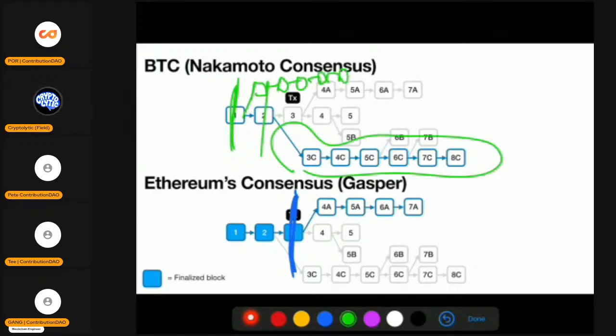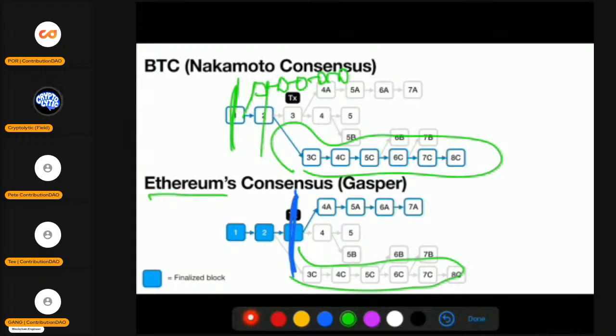You can think of Ethereum like that: a Bitcoin that has a finality layer on top. But we will see in this lecture that even though it is quite similar, the main difference is how Ethereum chooses its fork.